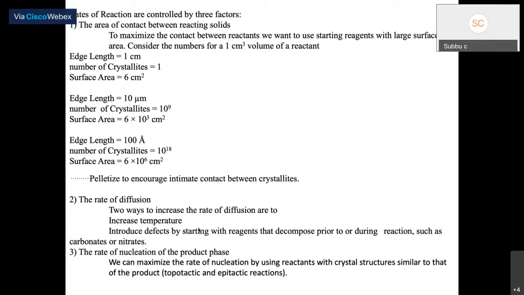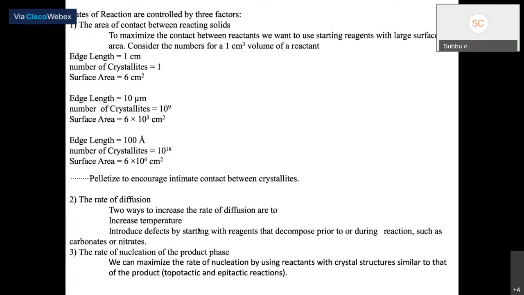Then the nitrate, you can decompose it at 450, 500 degrees centigrade. Instinctively, you are forming, say, magnesium oxide, that you can use as the starting material. That means though you need magnesium oxide and aluminum oxide, you don't start straight away with oxides, whereas you can start with the precursors.